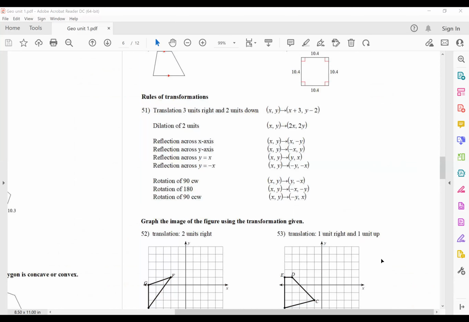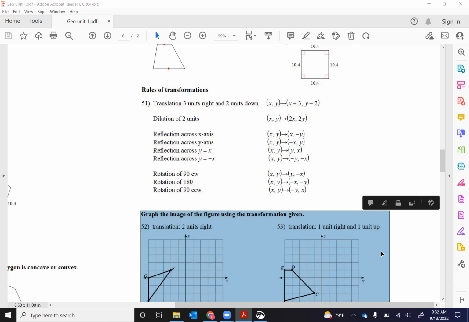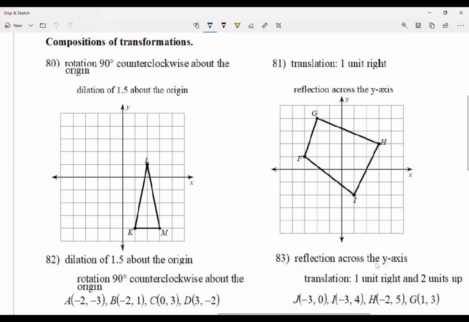I want to work question number 80. I'm going to ask you guys for just one point, but here I'm going to do all three. So for example, I was doing point L. Let me get the first point.